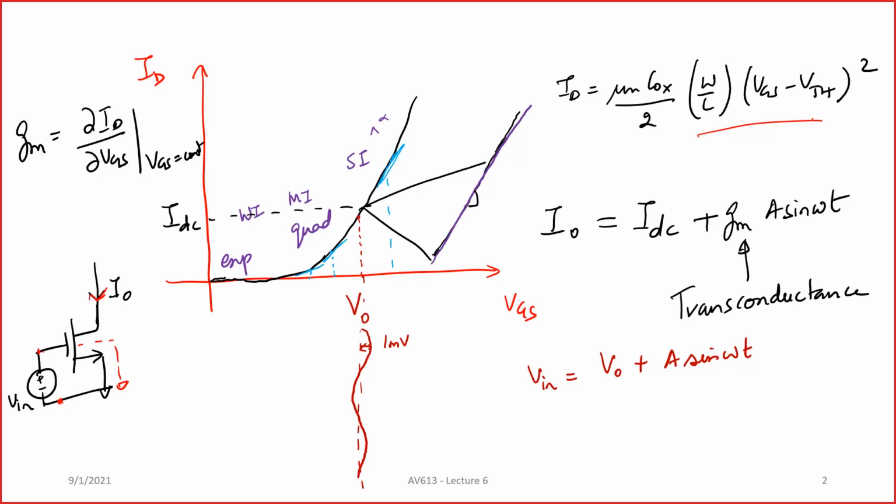Anyway, let's conclude the class. But before concluding, let me throw a bomb at all of you. This ID equation that we looked at, if you try to extract in modern CMOS processes, if you try to set a value of mu n, Cox, VTH and all that, this equation will not work. So you may ask the question, why did we go through all the pain of looking at it?